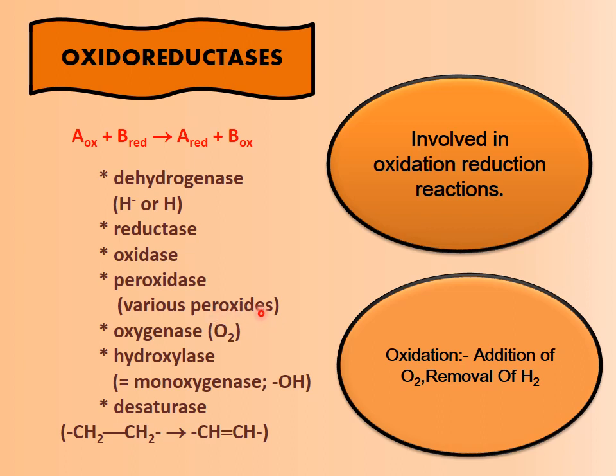Oxygenases, where there is addition of an oxygen molecule, such as monooxygenases, which contain OH. And desaturase, which removes the double bond. All these enzymes, responsible for oxidation and reduction reactions, are kept under the first class, that is EC 1.